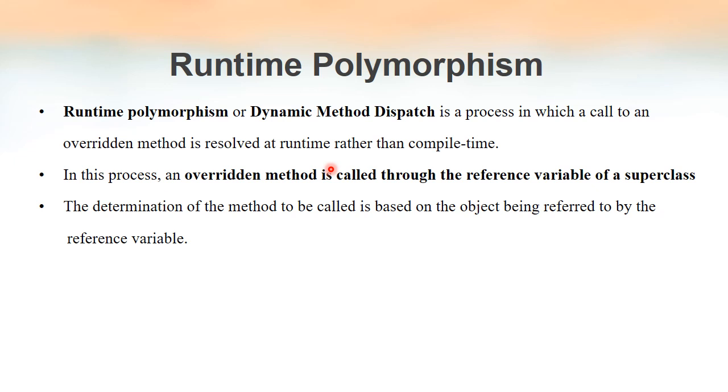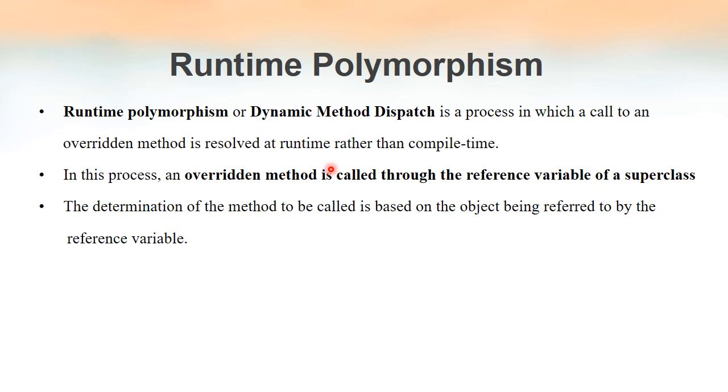But since the child class has a parent class, due to inheritance, the method named method 1 inside the parent class will also be available for the child class. So now the child class has two methods with the same name, method 1. One is the method that it got from the parent class, and the other is its own method.